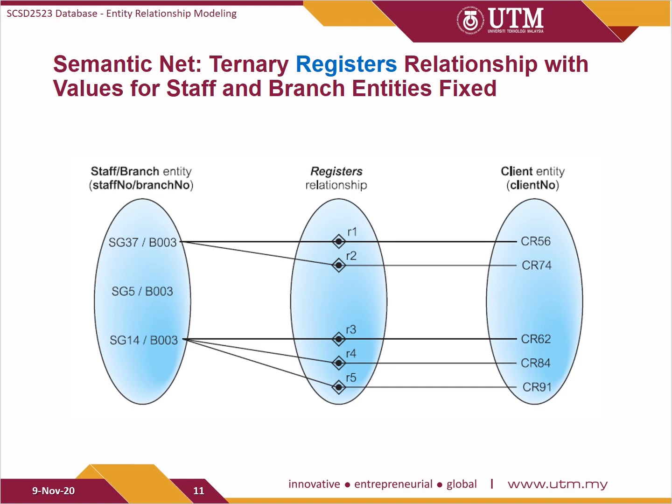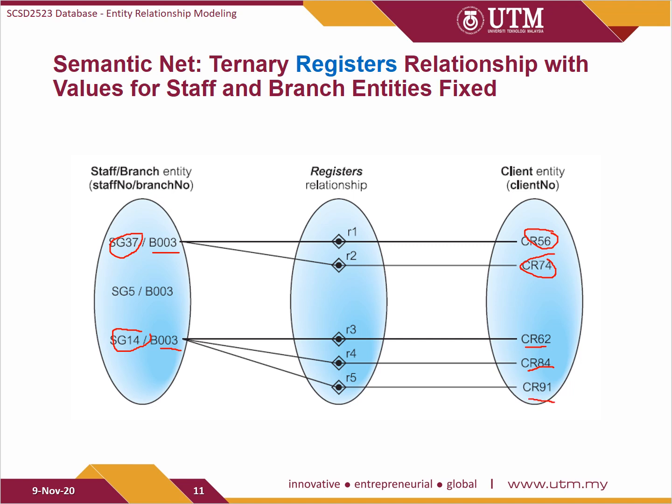staff number SG37 at branch number B003 registers client number CR56 and CR74. Okay, next, staff number SG14 at branch number B003 registers client number CR62, CR84, and CR91.